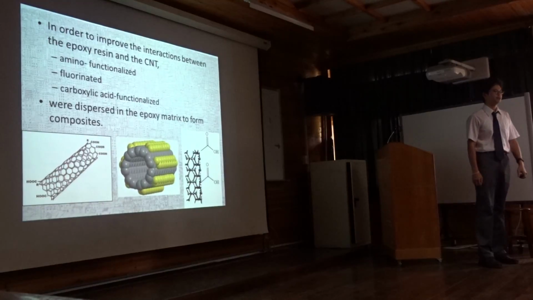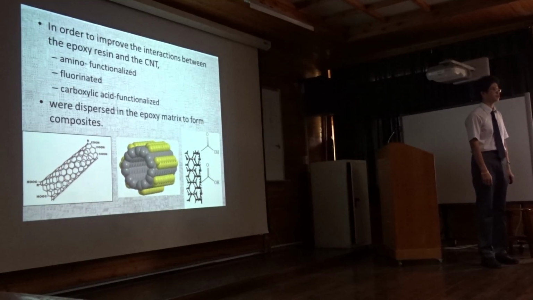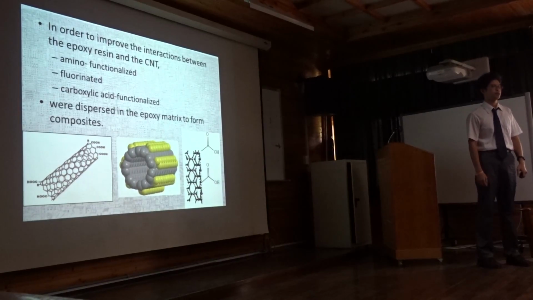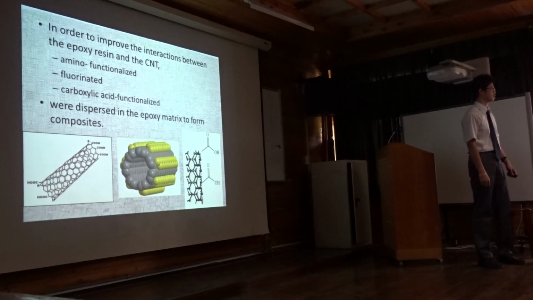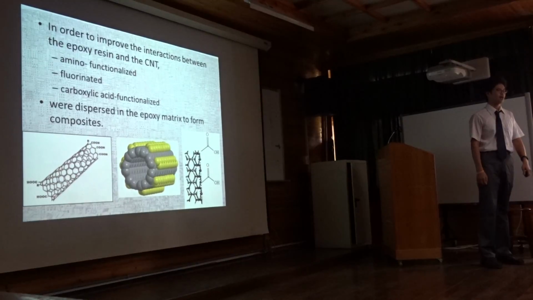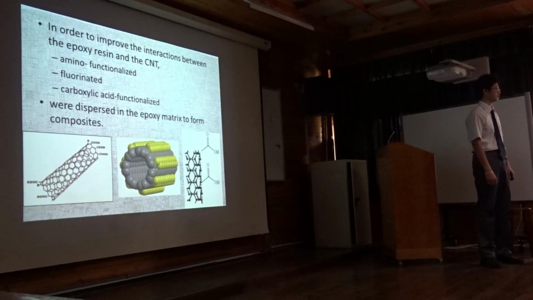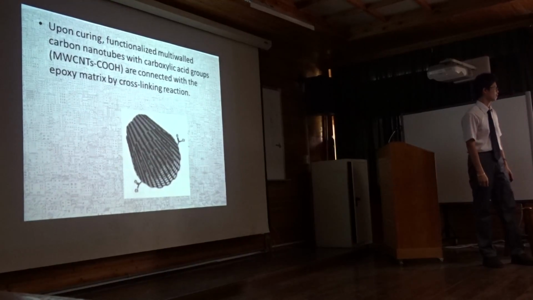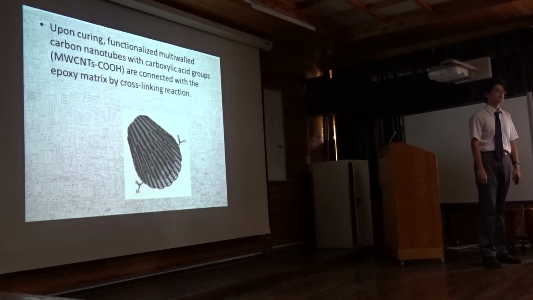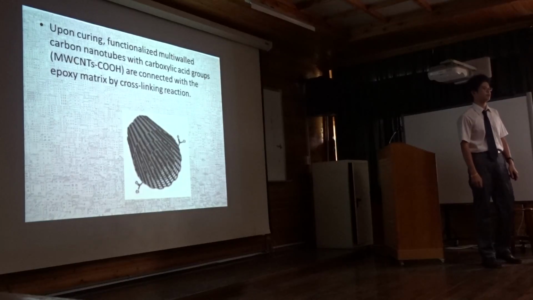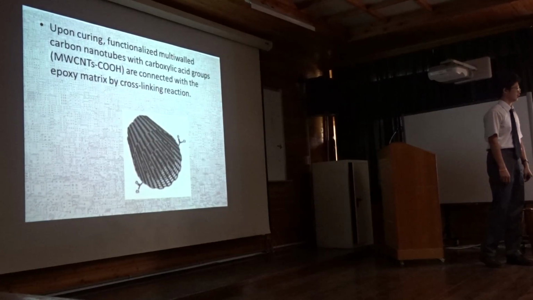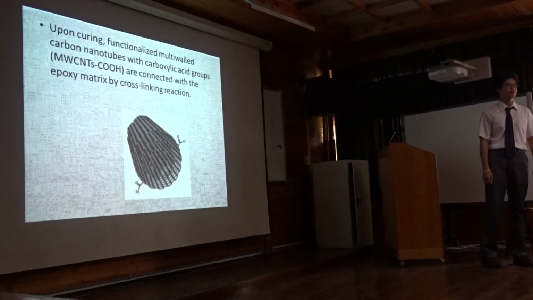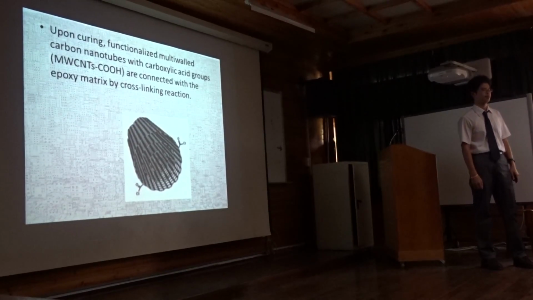In order to improve the interactions between the epoxy resin and the carbon nanotube, various functionalized carbon nanotubes such as amino-functionalized, fluorinated, carboxylic acid functionalized were dispersed in the epoxy matrix to form composites. Upon curing, functionalized multiple carbon nanotubes with carboxylic acid groups are connected with the epoxy matrix by cross-linking reaction, and the interface between nanotube and epoxy can be improved.